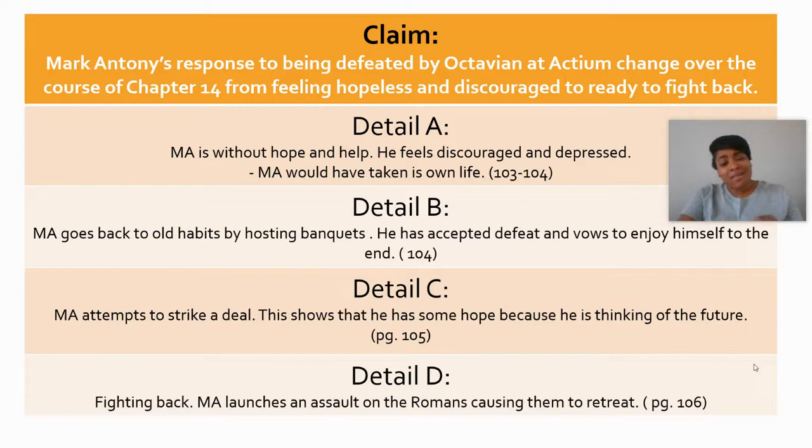We see him have a little hope that he may have a future or a little life left ahead. And then in detail D, we see a warrior Mark Antony. Mark Antony has decided to fight back. Now we see that he does have a small victory, and that victory causes the Romans to retreat. So, scholars, again, you should have a claim and 4 details on your notes. We're moving.